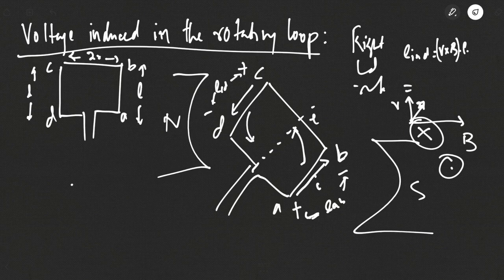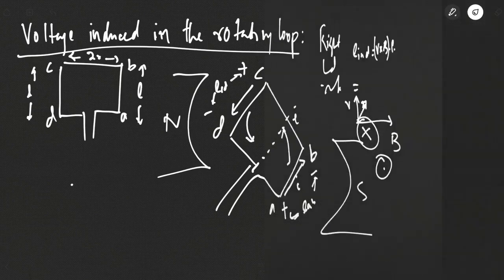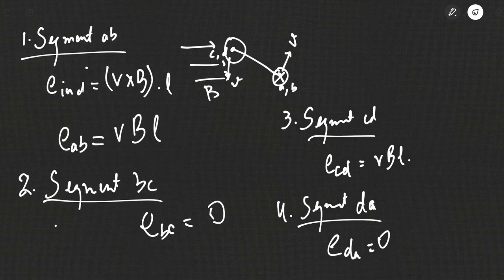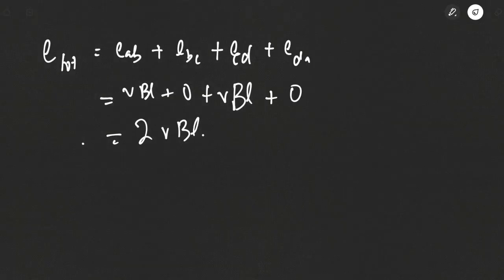So cos of 90 is 0. So EBC is 0. Similarly, ECD is equal to VBL and EDA is equal to 0. So your total voltage for this case is equal to 2 VBL.